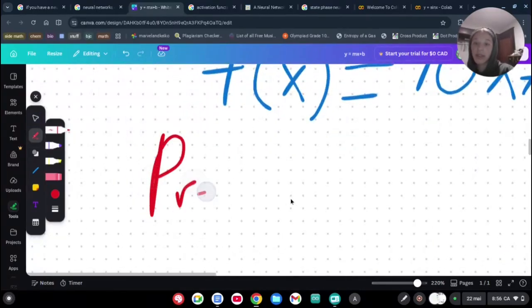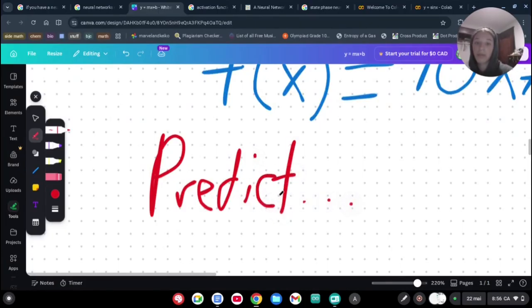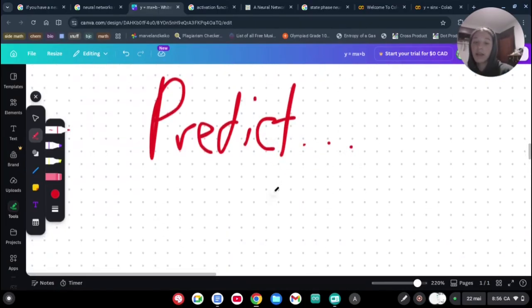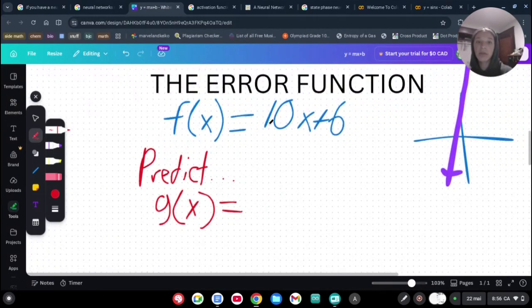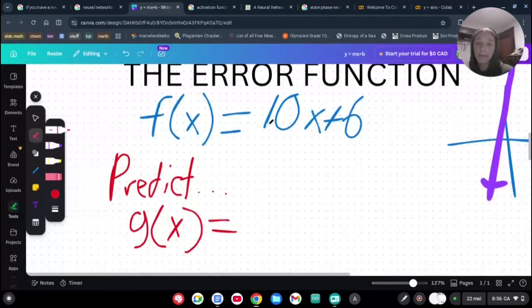So it will predict g of x, which is equal to 2x plus 4.